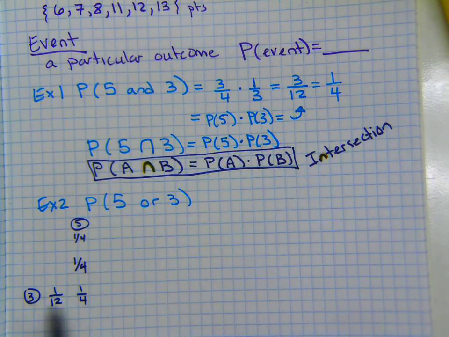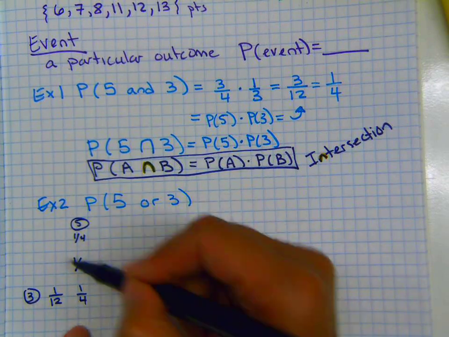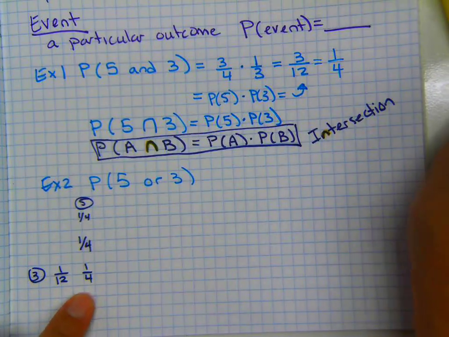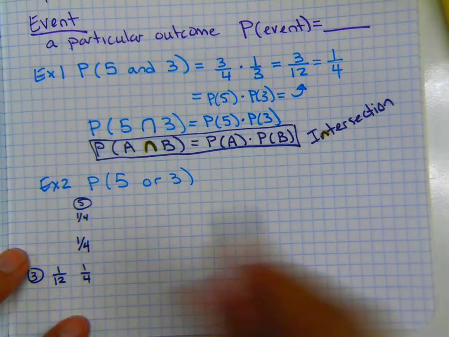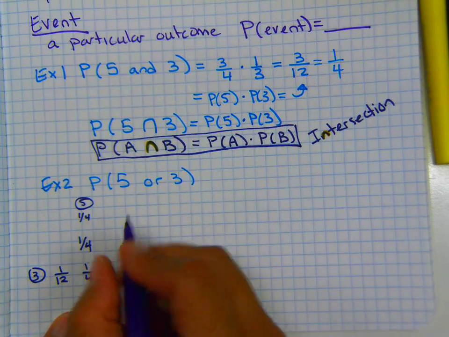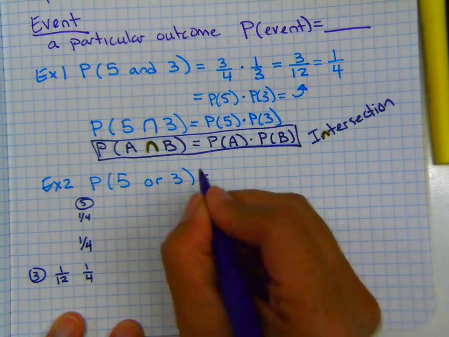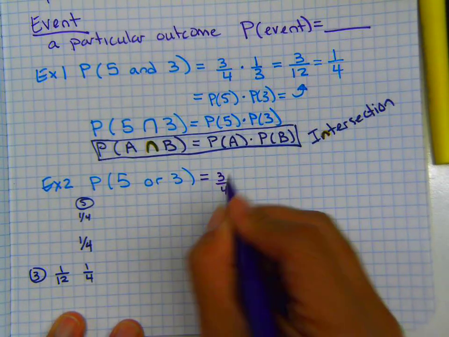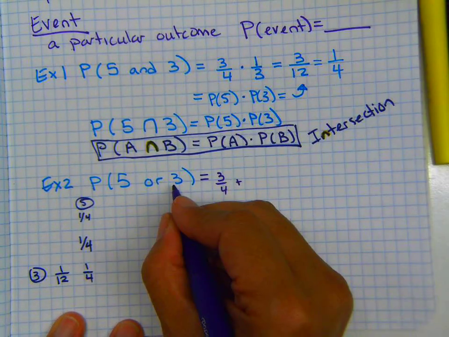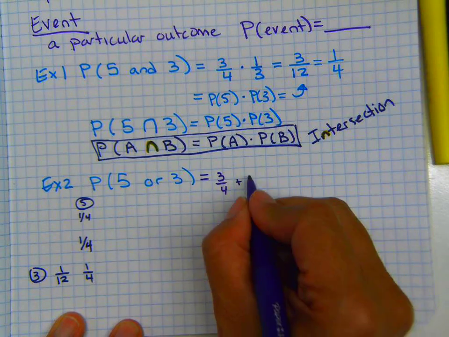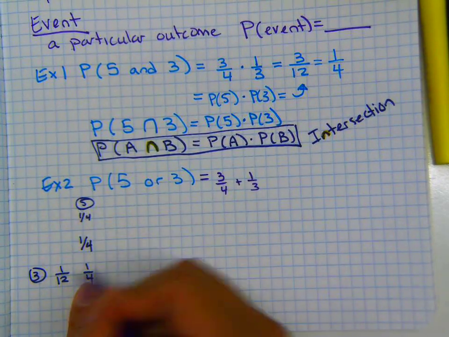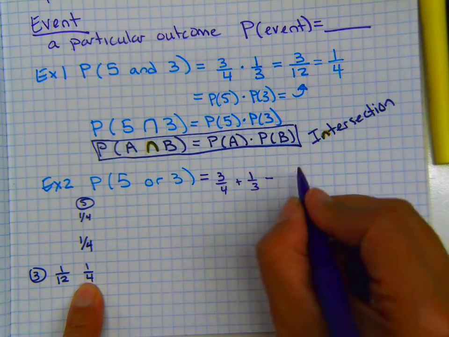If I take this answer and add it to this answer, I've got to subtract off the one I've counted twice. So if I take my total going across, my 5s, that's going to be 3/4. I'm going to add it to the probability of a 3, which is 1/3. But then I counted this one twice in this overlap, so I've just got to minus that off, which is 1/4.